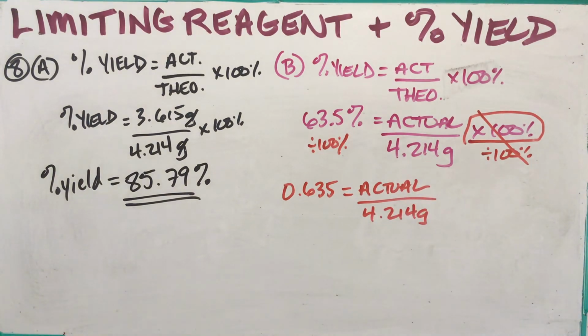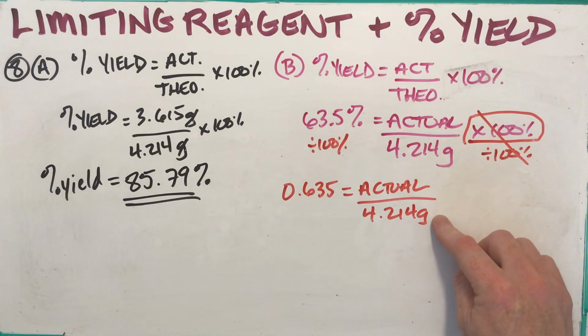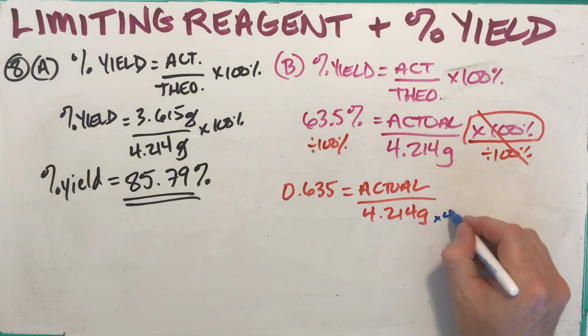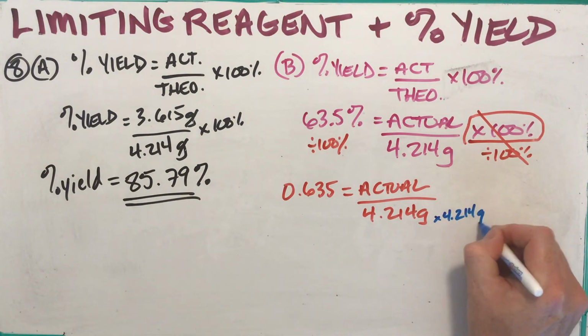I've switched colors on you, and I'm not sure why. Anyway, the next thing I have to do is bring this over to here. On this side, it's a divisor, so we will multiply both sides by 4.214 grams.